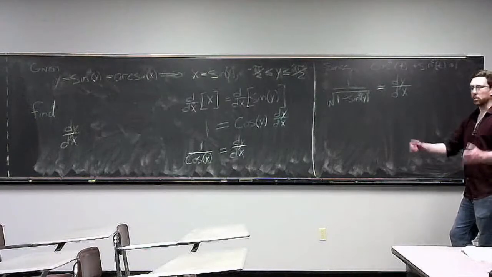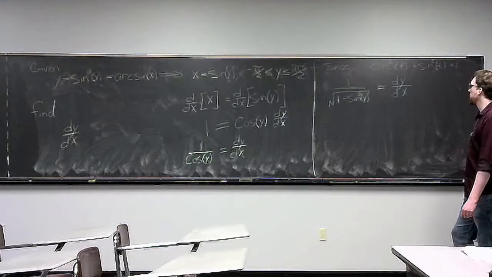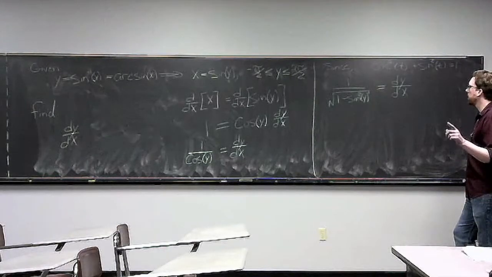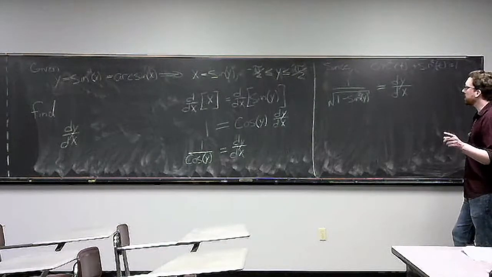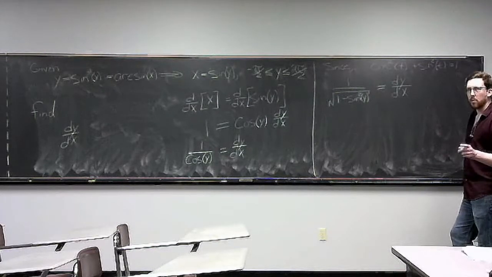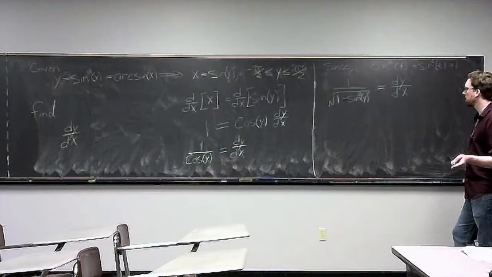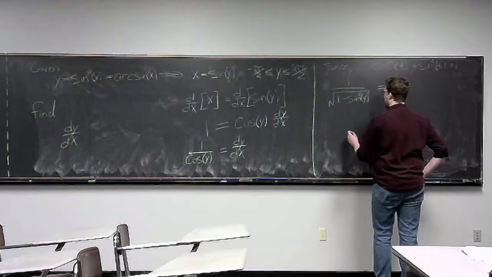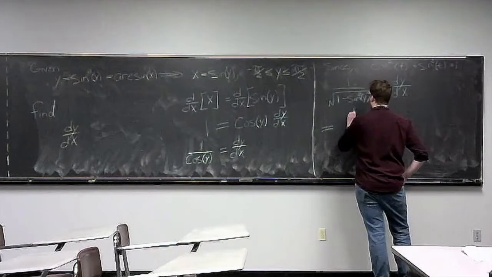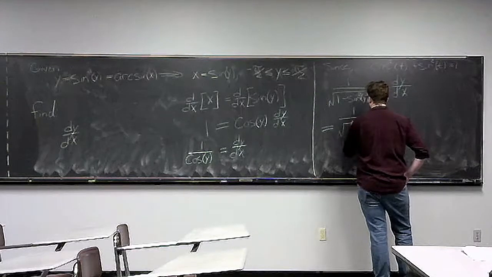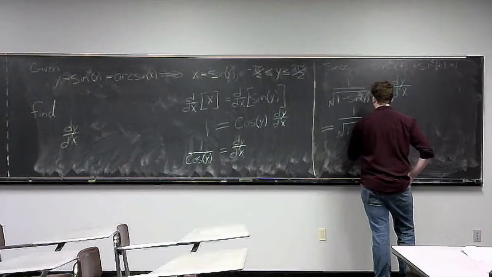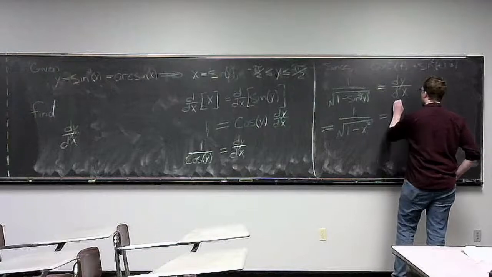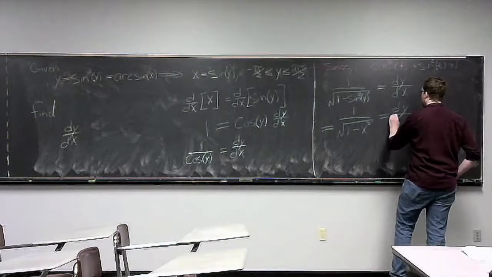Everything looks good. But didn't we say a minute ago that sine of y was equal to x? So couldn't we write this a little bit more cleanly to be 1 over the square root of 1 minus x squared is equal to dy/dx?